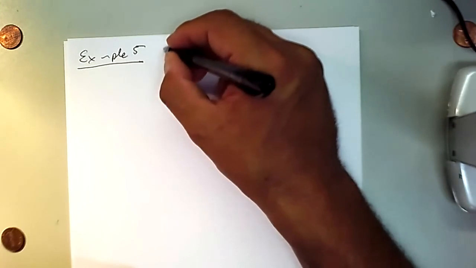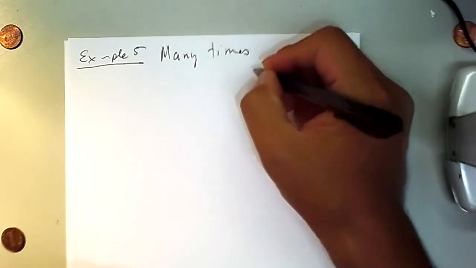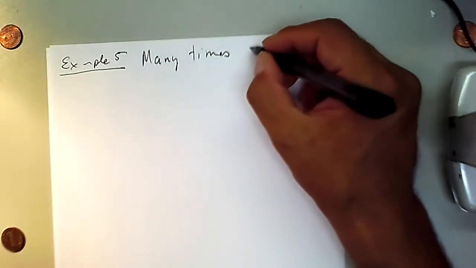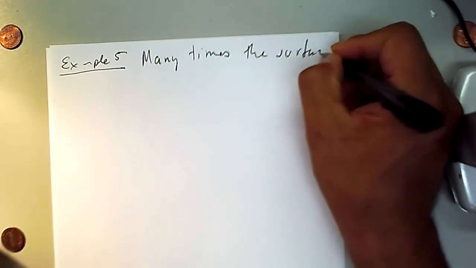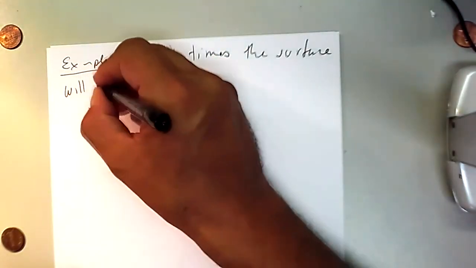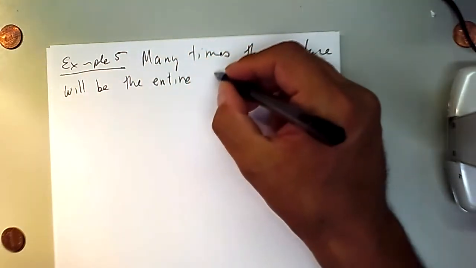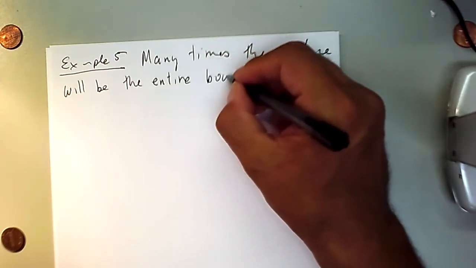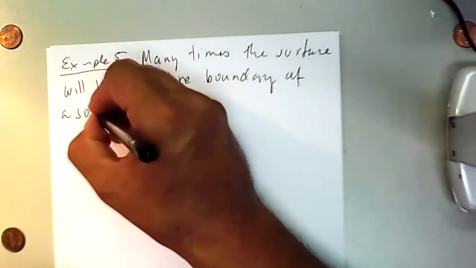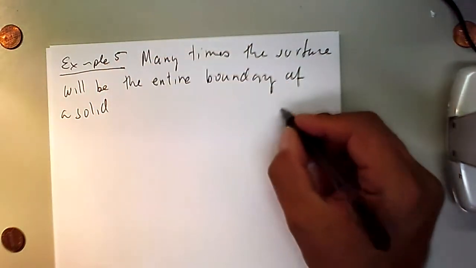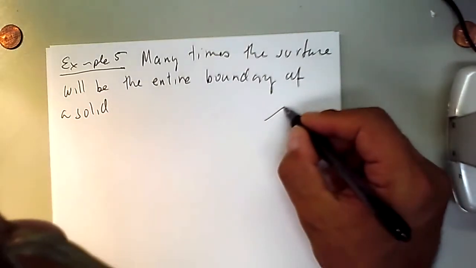So many times, as we will see soon, the surface will be the entire boundary of a solid. So pretend you got a unit cube.